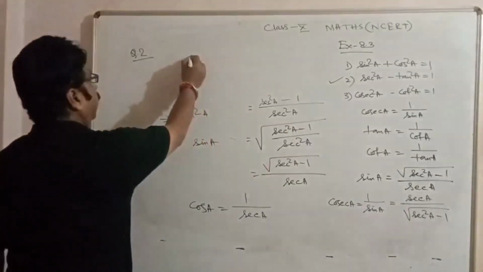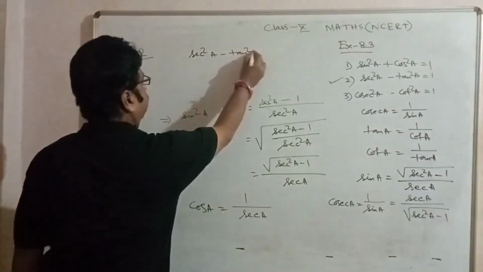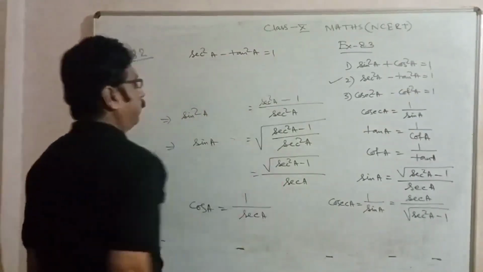Sec square A minus tan square A equals to 1.